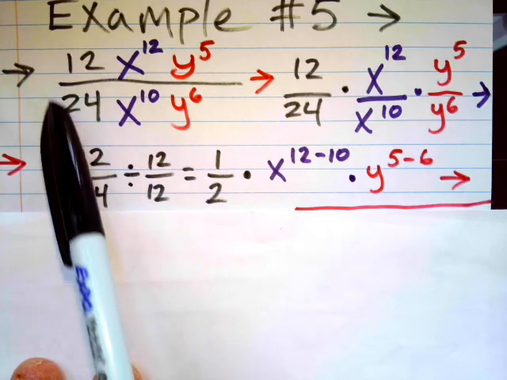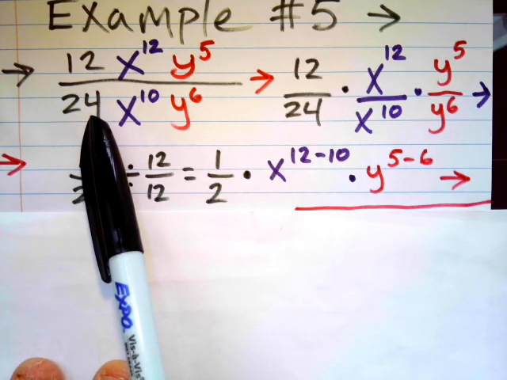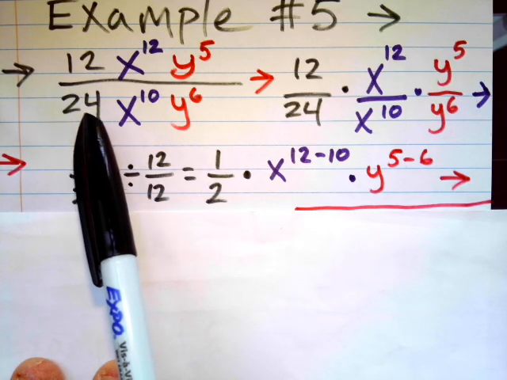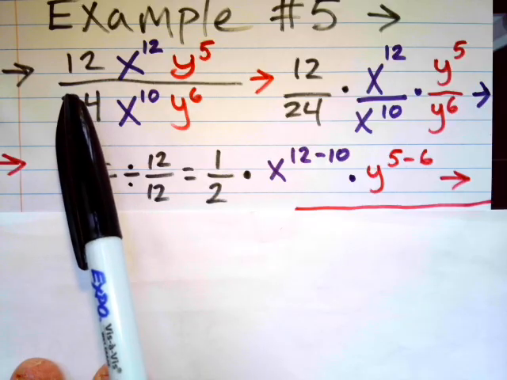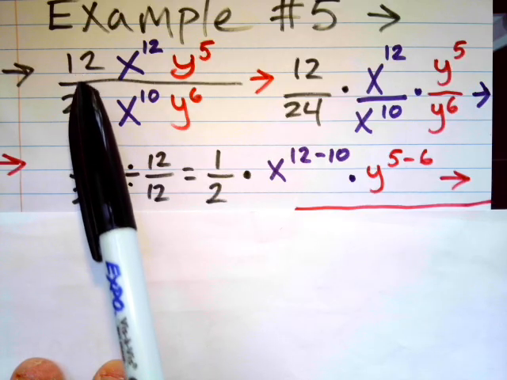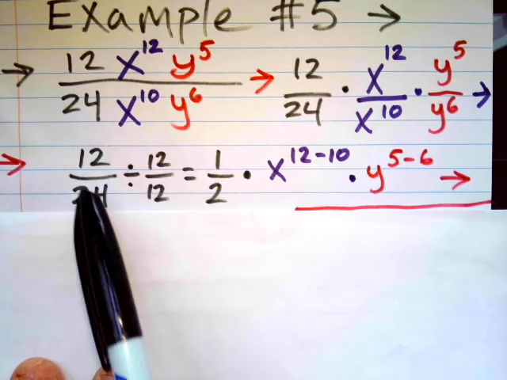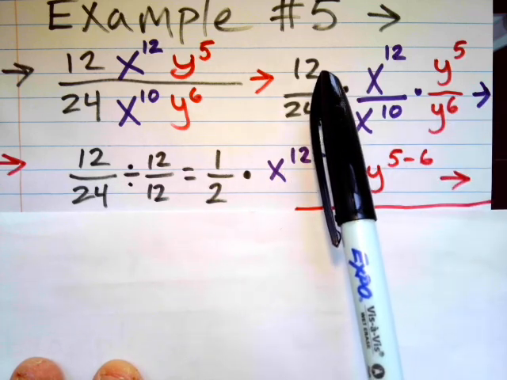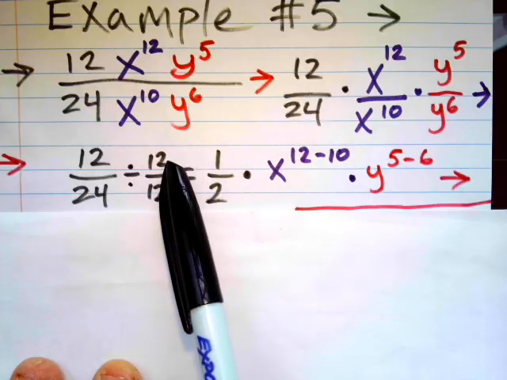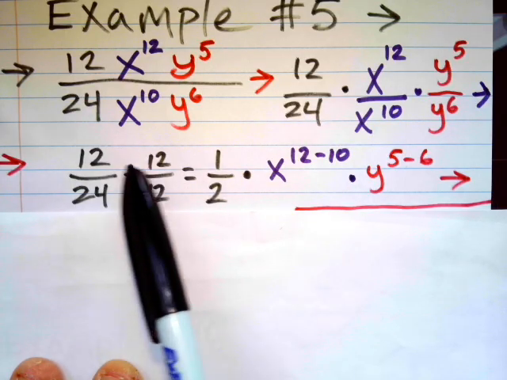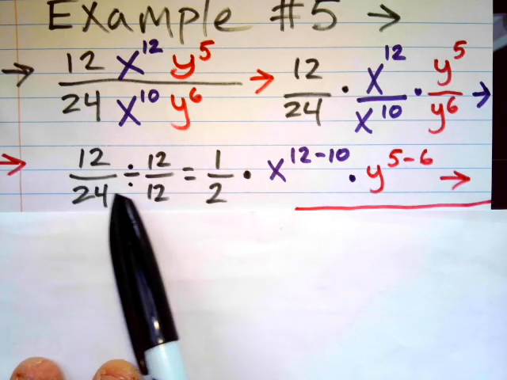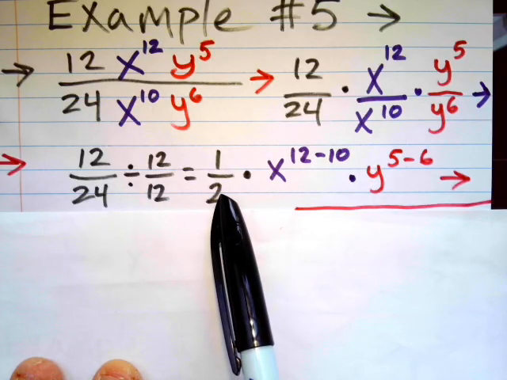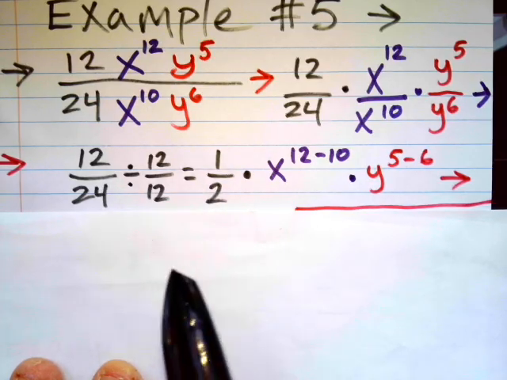You can simplify this fraction because I know 12 times 2 is 24 and I know 12 times 1 is 12. This fraction, 12 over 24, as we broke it up into 3 parts, can be reduced by dividing top and bottom by 12. 12 divided by 12 is 1. 24 divided by 12 is 2. So I'll rewrite that in my answer if I don't simplify further.